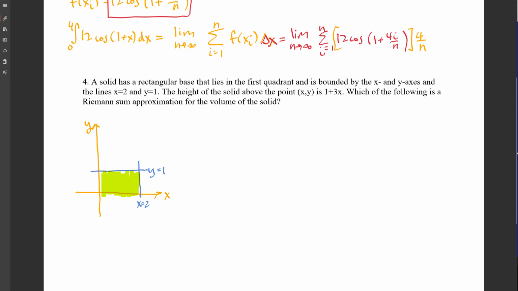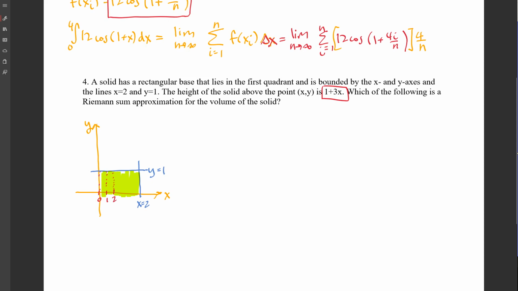Well, when x is equal to 0, this will be one inch tall, or 1 mile tall, whatever. When x is equal to 1, this will be 4 inches tall. I guess we'll just talk inches. If x is equal to 2, anywhere along here, this will be 7 inches tall.